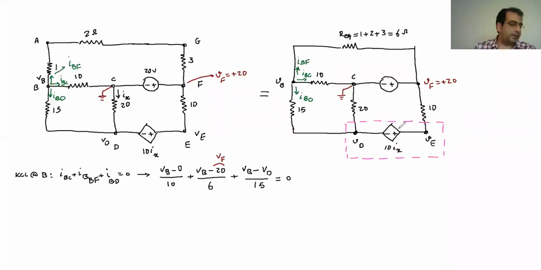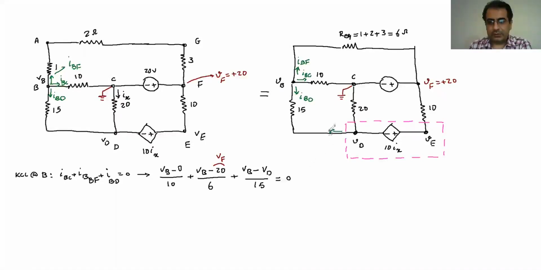So I would consider that as a super node, and then I will look at what current enters or leaves that super node. And I said in the node voltage, we always assume the current leaving. So I have to look at the current leaving that.